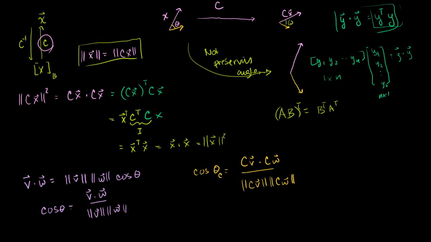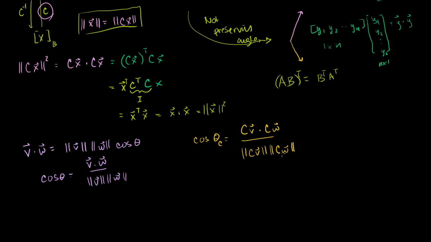Now, we already know that lengths are preserved. We already know that the lengths of Cw and Cv are just the lengths of W and V. We just proved that. So the cosine of theta C is equal to Cv dot Cw over the product of the lengths of V and W, because we've already shown that it preserves length.